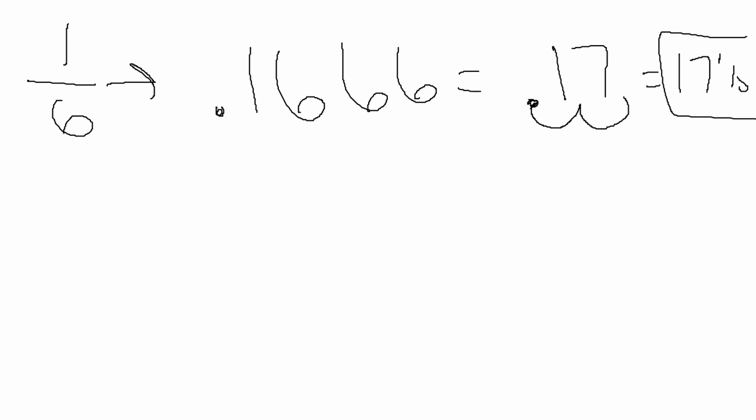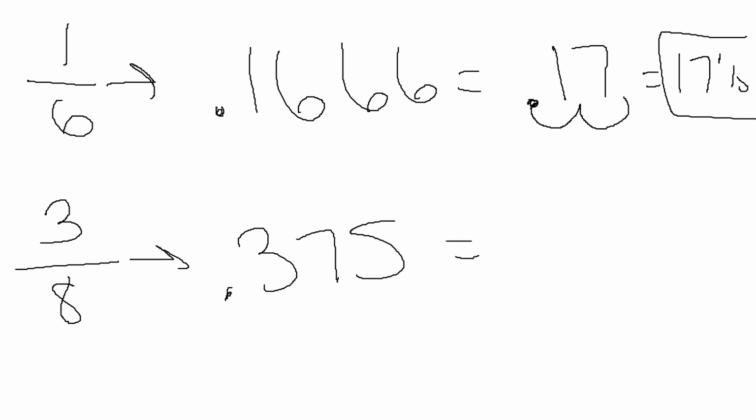Now, let's say I ask you, and I think this is one of the questions on the in-class, 3/8. What is 3/8 as a percent? So 3 divided by 8 is 0.375. Now this decimal has an end. It doesn't go on forever.